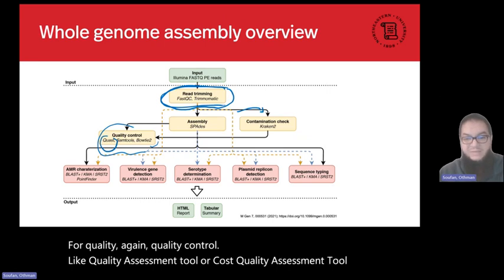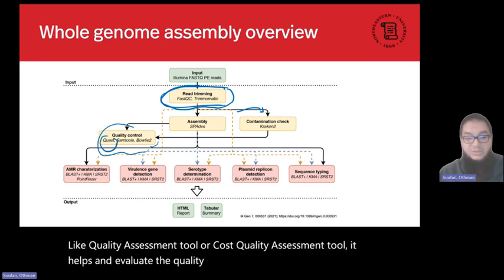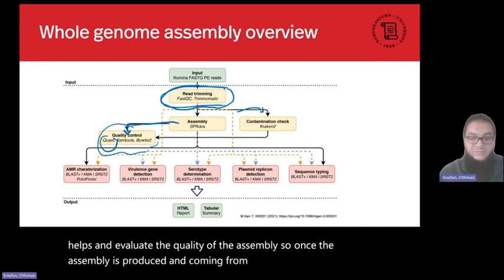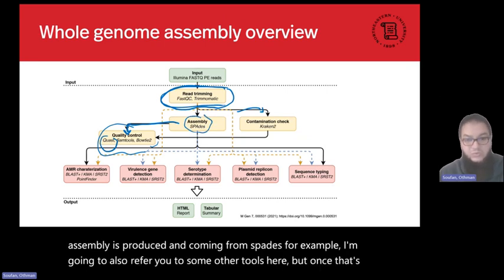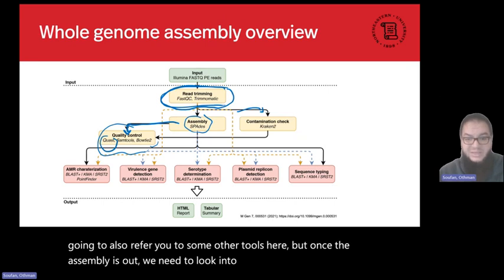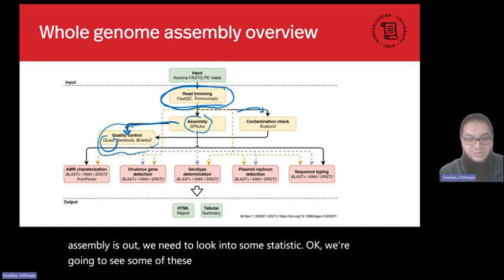It helps evaluate the quality of the assembly. So once the assembly is produced, coming from SPAdes, for example, and I'm going to also refer you to some other tools here, once the assembly is out, we need to look into some statistics, okay? We're going to see some of these measures in one of the coming slides.